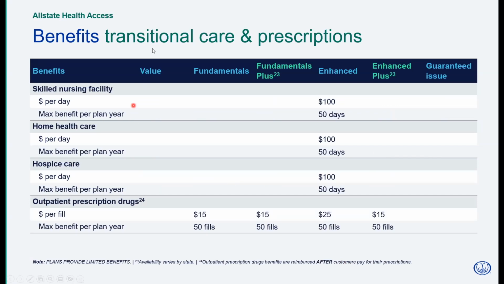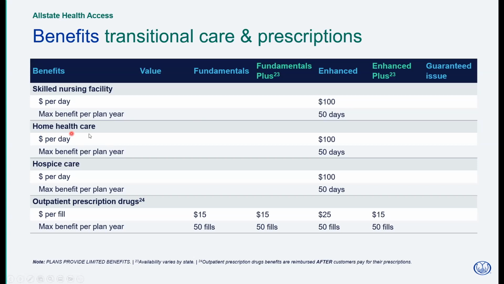Okay, and finally, we're going to talk about transition care and prescription care. So with the enhanced plan only, the benefit amounts are the same for each one of the things that I'm about to talk about. The skilled nursing facility care is available with the enhanced.